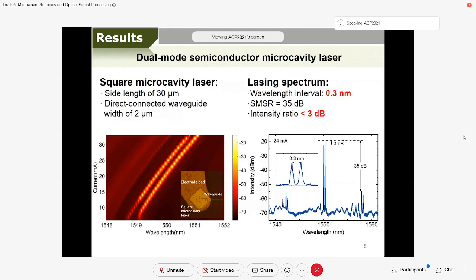We can see that a stable dual-mode lasing at around 1.5 micrometer. The red figure is the lasing spectrum at 24 milliampere. The wavelength interval of the dual modes is 0.3 nanometer, corresponding to 38 GHz. Meanwhile, the intensity ratio of dual modes is less than 3 dB, benefiting the four-wave mixing process.